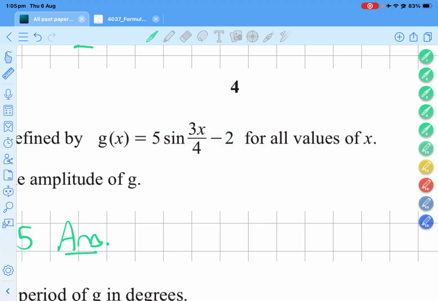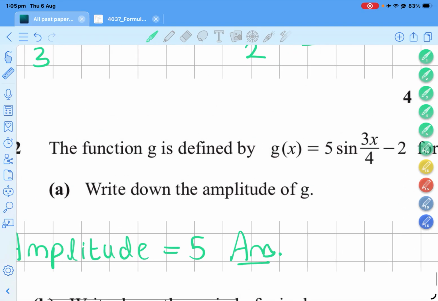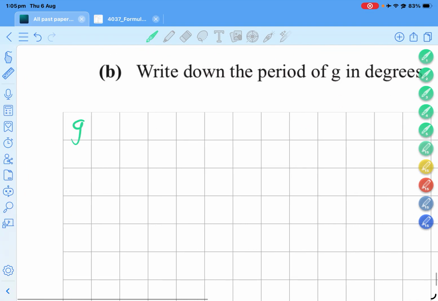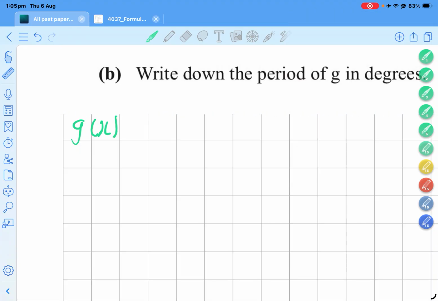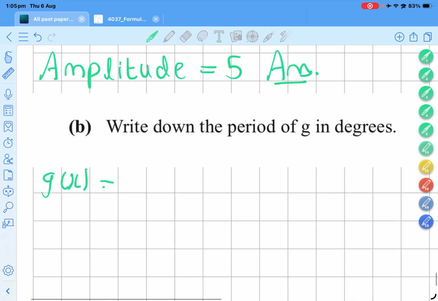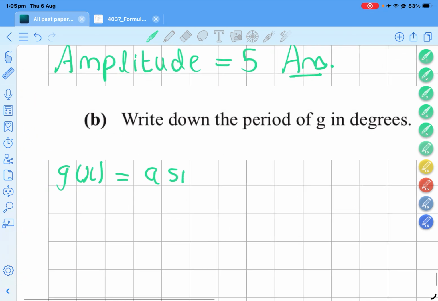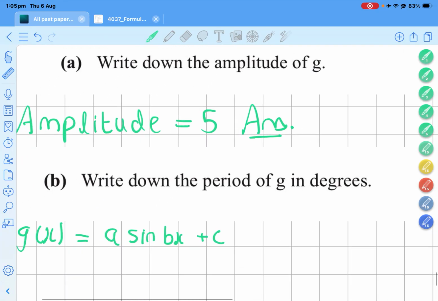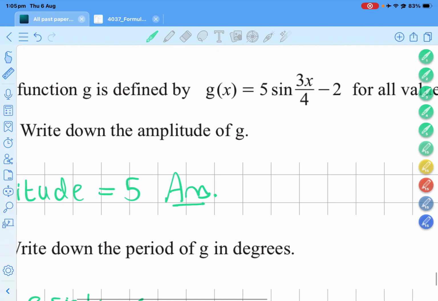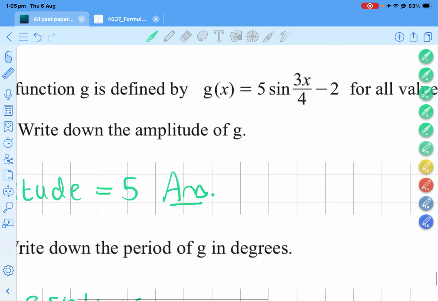So to find the new period, I can write g of x as a sine bx plus c. So a is 5, b is 3/4, and c is minus 2.